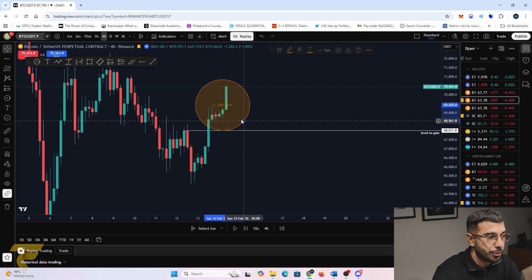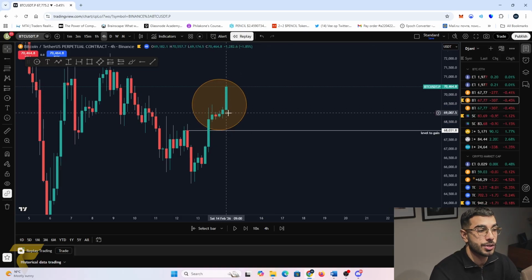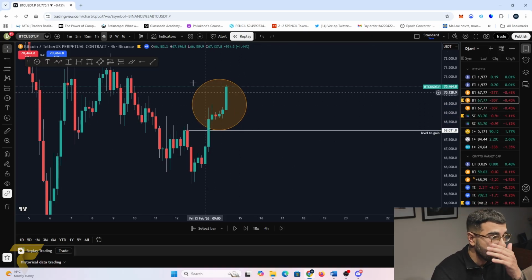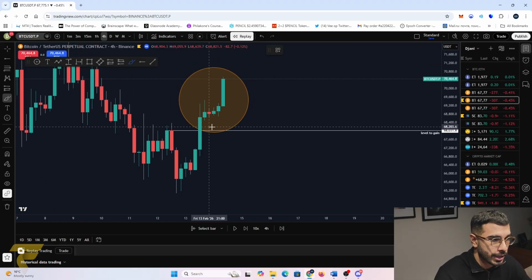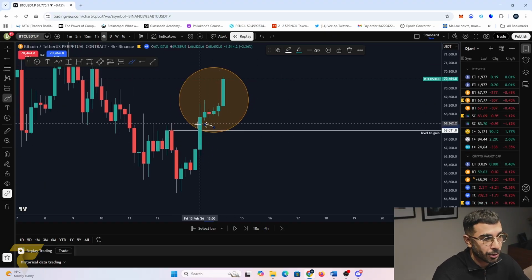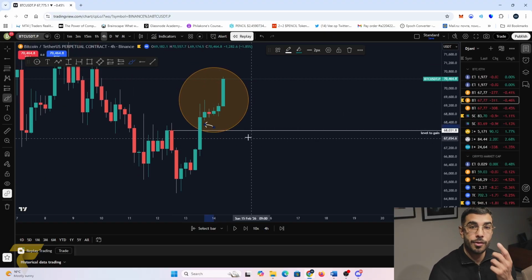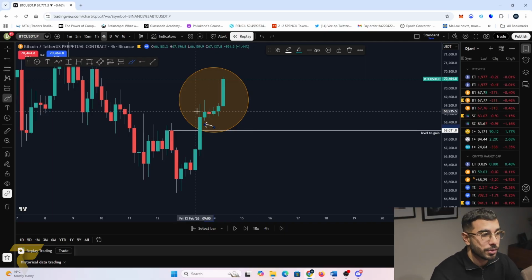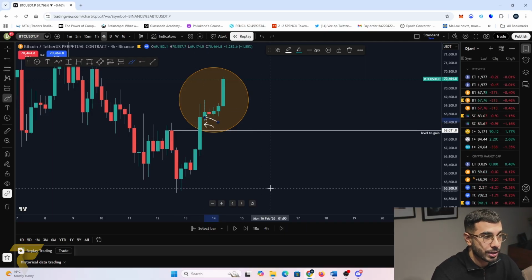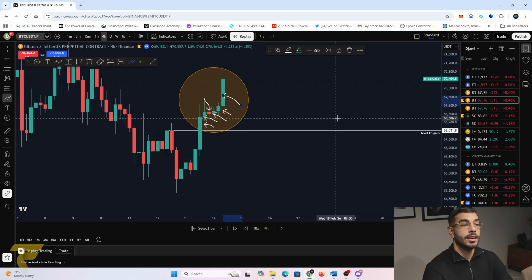If we focus on all the candlesticks within this orange circle, let's just count them. This large candlestick is the very first candlestick that closes above. This is the second candlestick, this is the third, the fourth, the fifth, and the sixth. As long as the candles close above the level to gain, and at least two or more candlesticks, then we can officially speak of a confirmation of a gain.